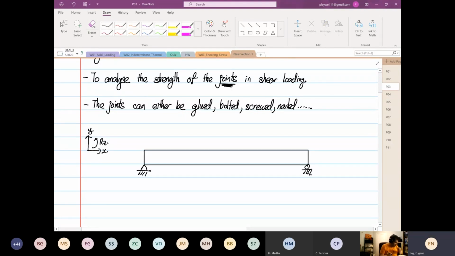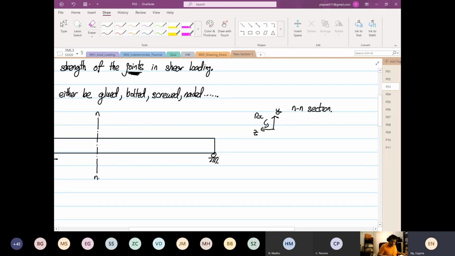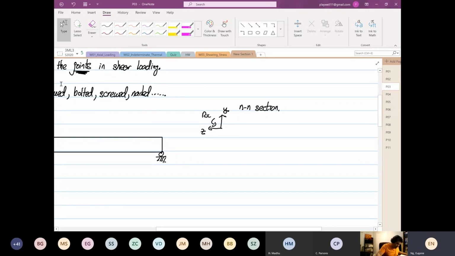So if we look at the cross section of our beam, we decide to do a section at an end section. We slice it up, and in the end section, this will be our Y, Z, rotation about X.